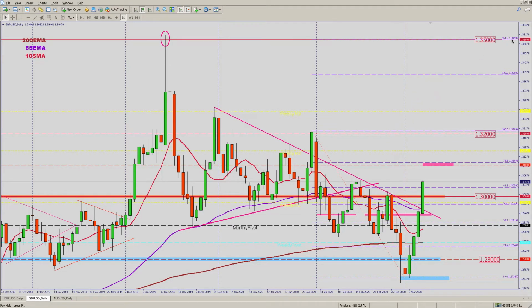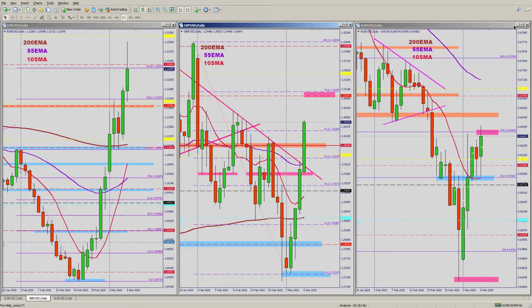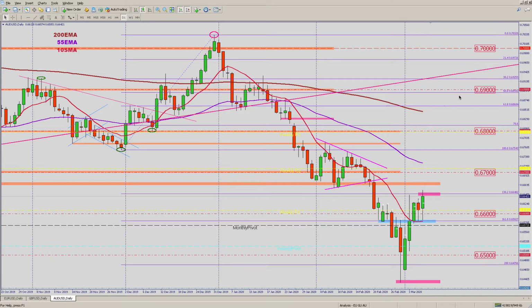Okay, let's move on to the Aussie dollar. The Aussie as well has also recovered after a gap down at the start of the week to just below the 200 fib extension, and then recovered all the way back up to the 138 fib extension.